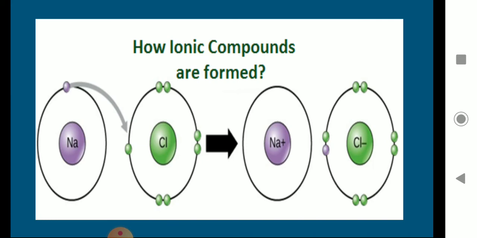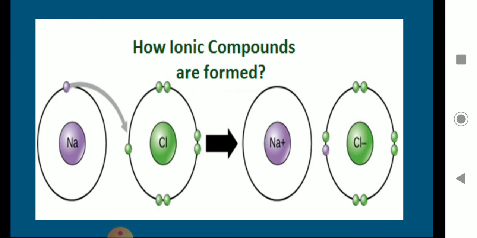This compound is formed because from the last orbit, sodium gives its one electron to chlorine. Sodium has 11 electrons. Out of these 11 electrons, in the last orbit there is only one electron.